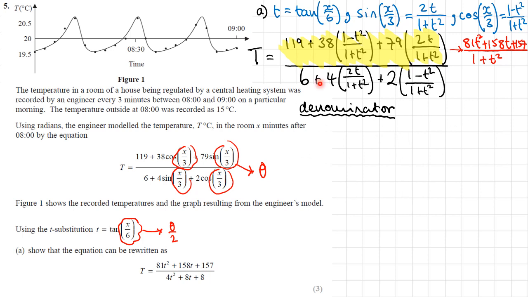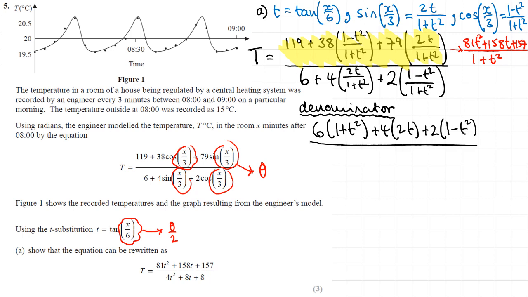Okay, so just like before, I want to write everything over the same denominator, so that's going to be 1 plus t squared again. So I've got 6(1 plus t squared) plus 4 times 2t plus 2 times (1 minus t squared), all over this denominator of 1 plus t squared.